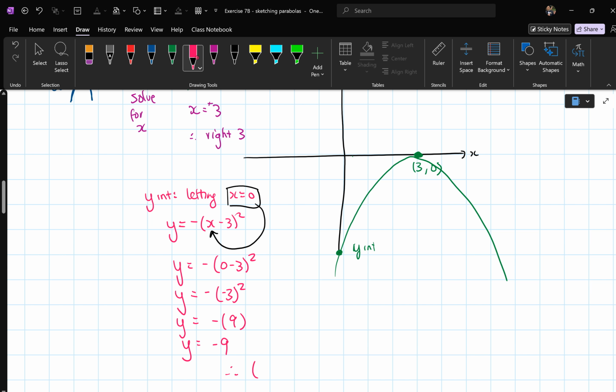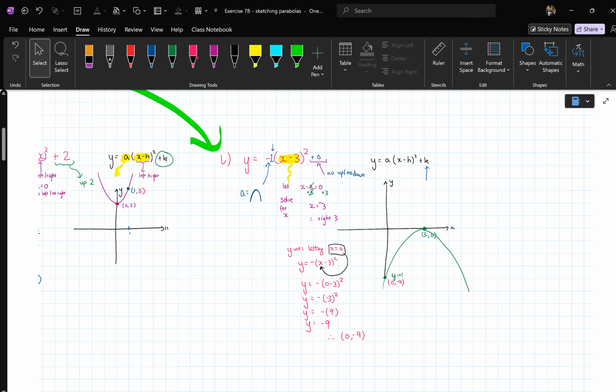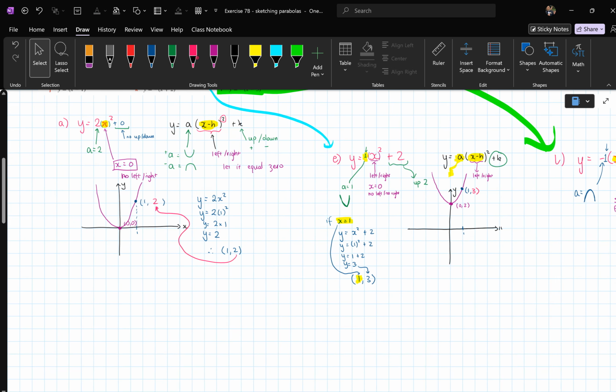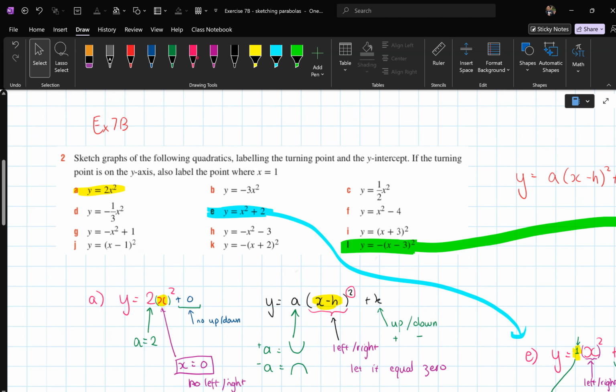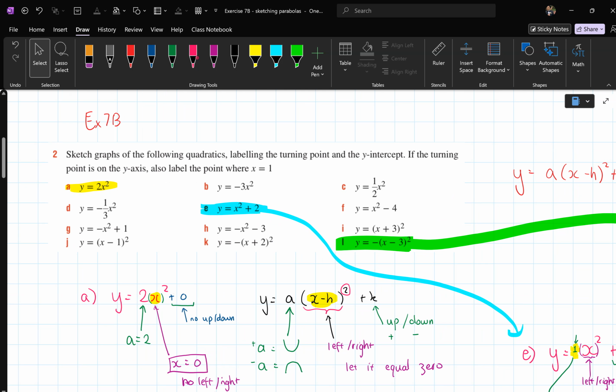So when x is 0, the y value is negative 9. And so I know this is at (0, negative 9). But at the moment, you're just learning to read the turning point form. Be mindful, exercise 7B is all about reading the turning point form.